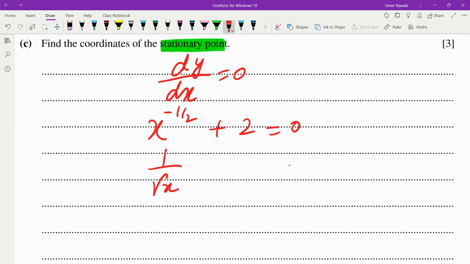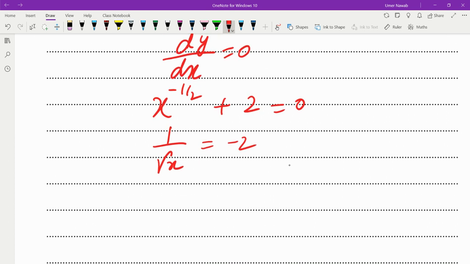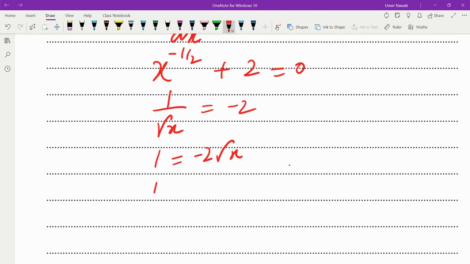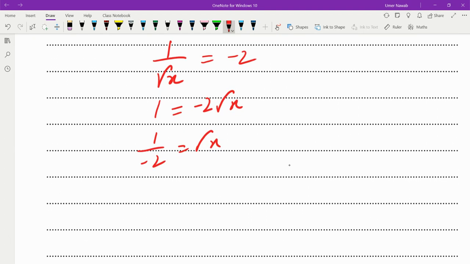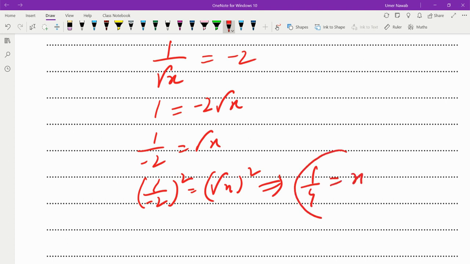So 1 over square root of x is equal to minus 2. Can I do the cross multiplication? 1 is equal to minus 2 square root of x. 1 over minus 2 is equal to square root of x. Taking the square on both sides, 1 over minus 2 whole squared is equal to square root of x whole squared. So it will become 1 over 4, and it's equal to x. So the x coordinate is 1 over 4.